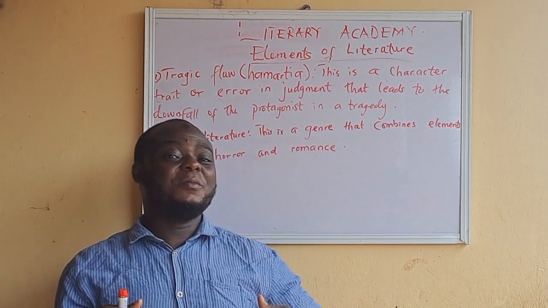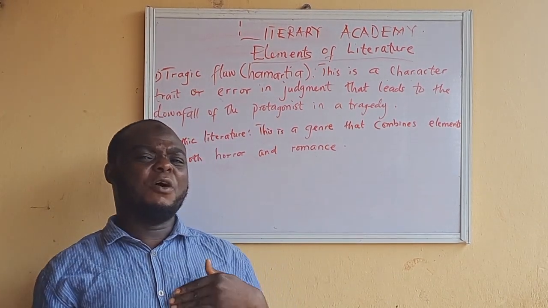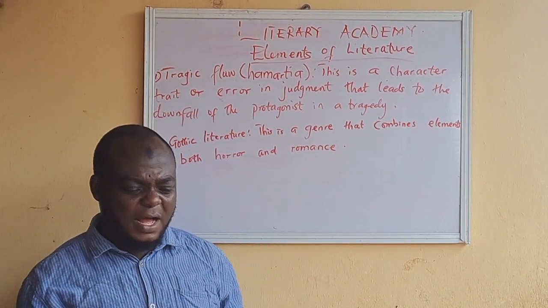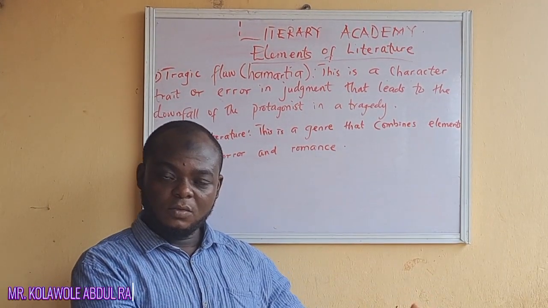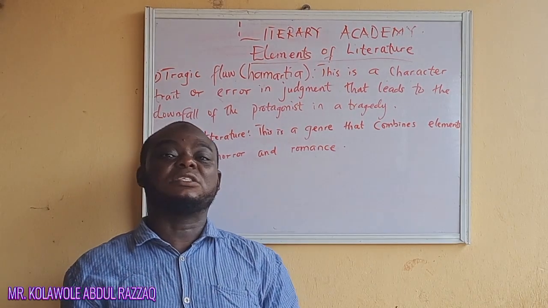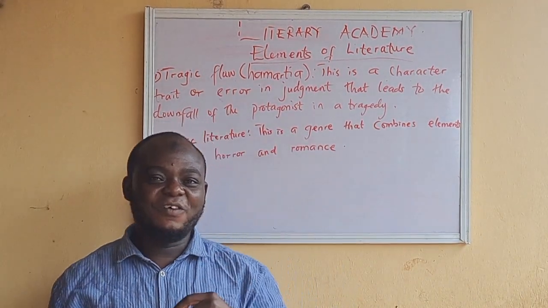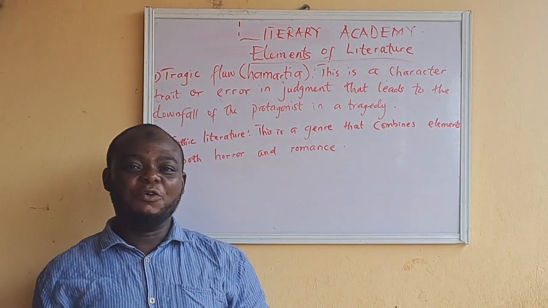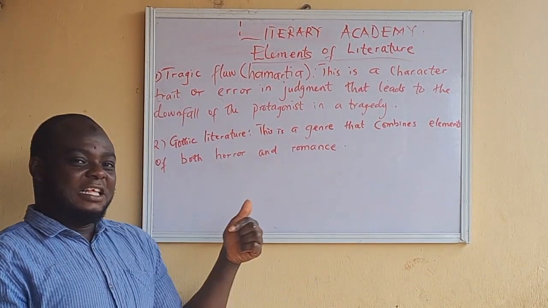You are reading a storybook, a work of art, whereby you discover there is a combination of horror, elements of those things that will scare you whenever you are reading that particular work, and romance. That is when we have Gothic literature.